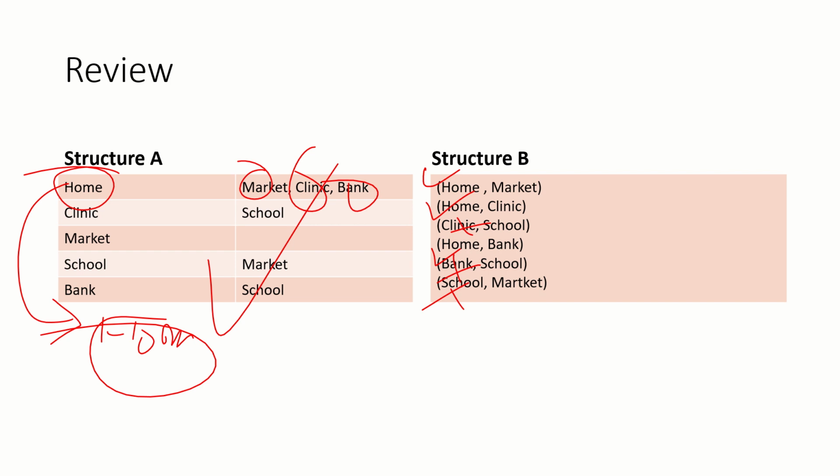This is the worst case. But for structure B, no matter what, you need to go over every record, right? So it depends how you define the problem. Then you need to design your own data structure to help you find the right solution, the right structure.